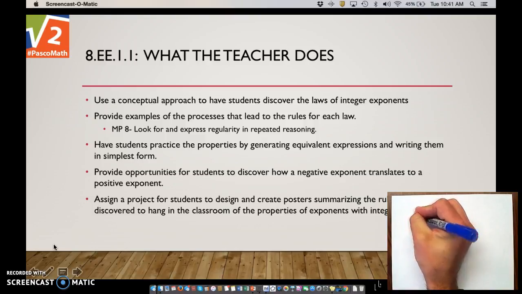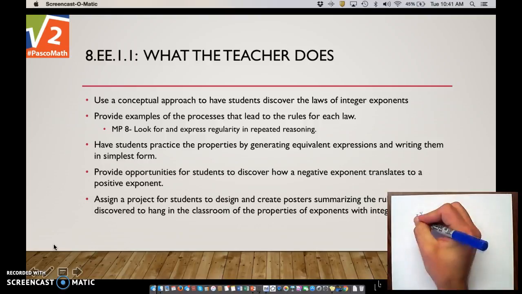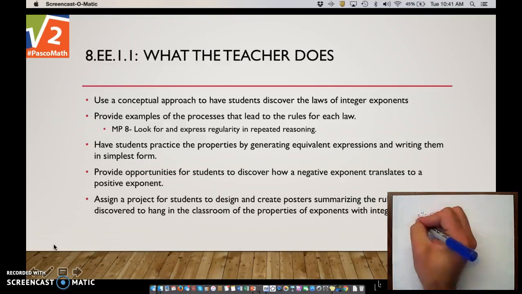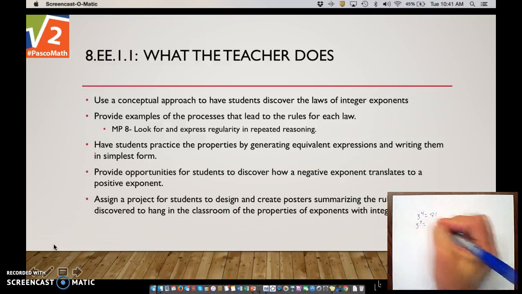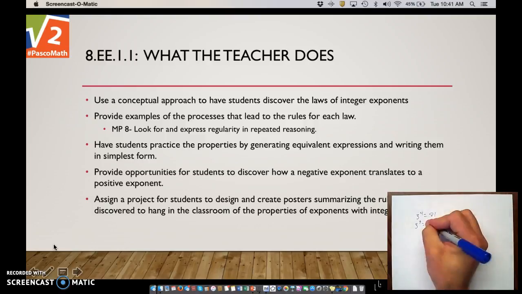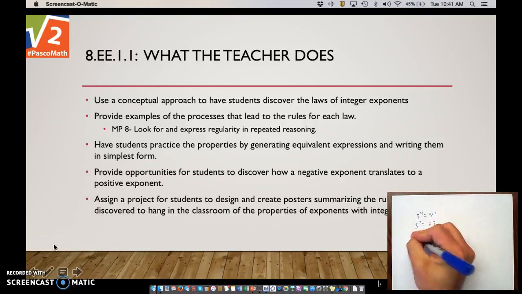Well, 3 to the fourth is equal to what? 3 is used as a factor 4 times, so 3 times 3 times 3 times 3, 81. 3 to the third, that's 3 times 3 times 3, that's 27. 3 to the second, 3 times 3, that's 9. 3 to the first, that's just 3 used as a factor once, so that's just 3.